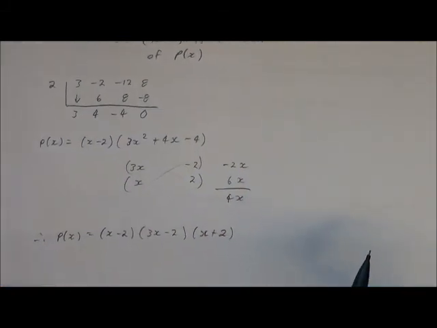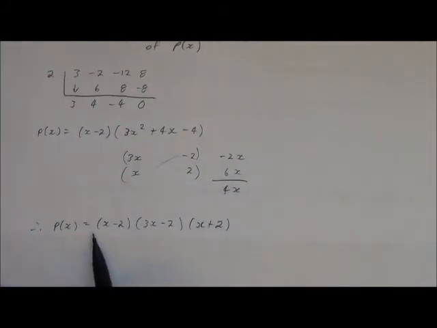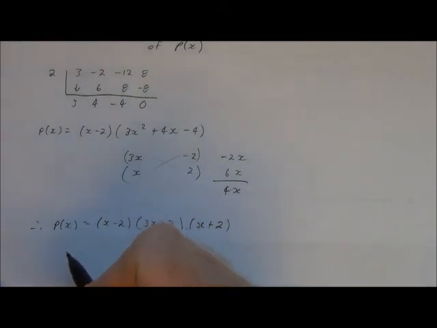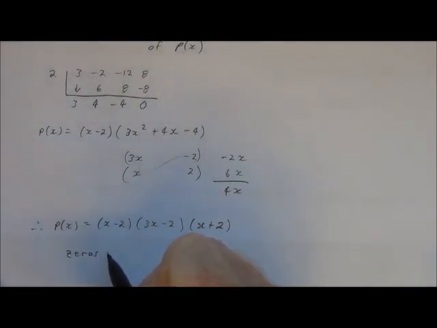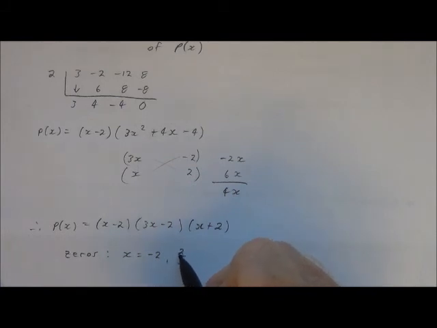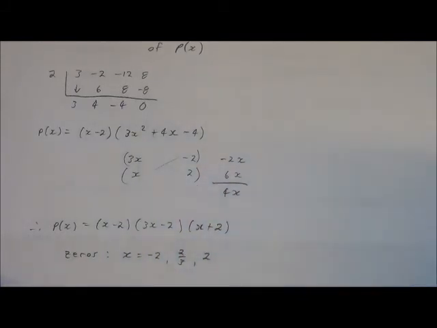Okay? So now once we have this factored, what we're going to do with this later is graph it. So it might not be bad practice to say, okay, well then the zeros are x equals -2, 2/3, and positive 2.